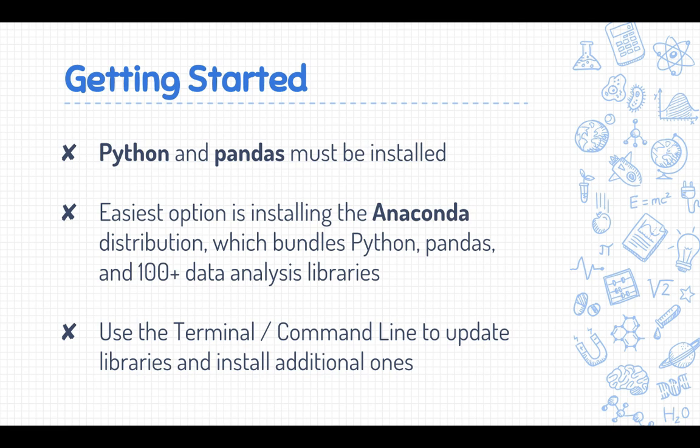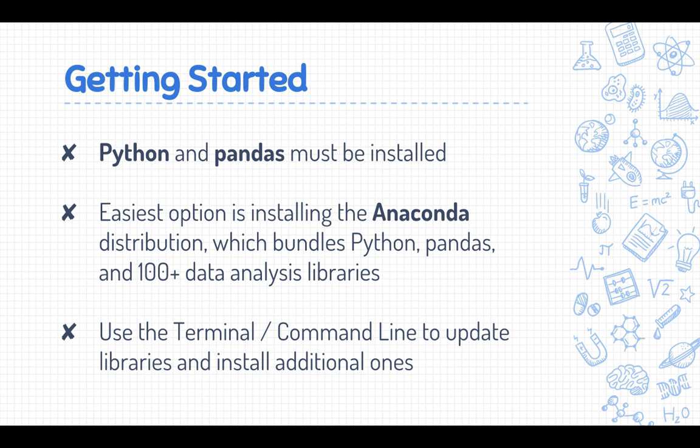So we can try the brute force method of installing Python and then Pandas and then maybe the 5 or so libraries that we need in addition. But a much easier path for us is installing what's called a distribution. A distribution is just a big bundle of Python, Pandas, and a bunch of different libraries. And the one we're going to install is called the Anaconda distribution by Continuum Analytics.